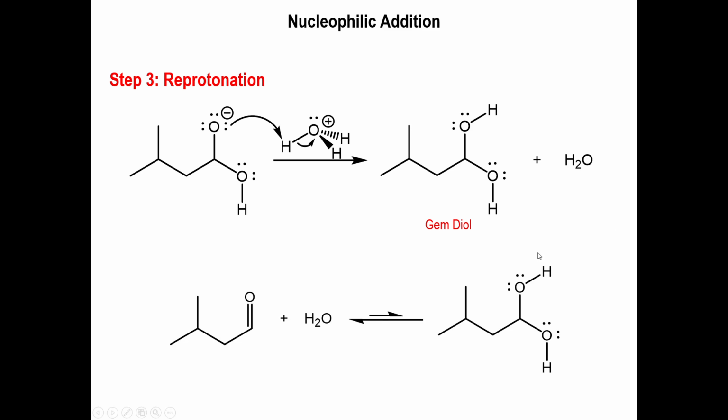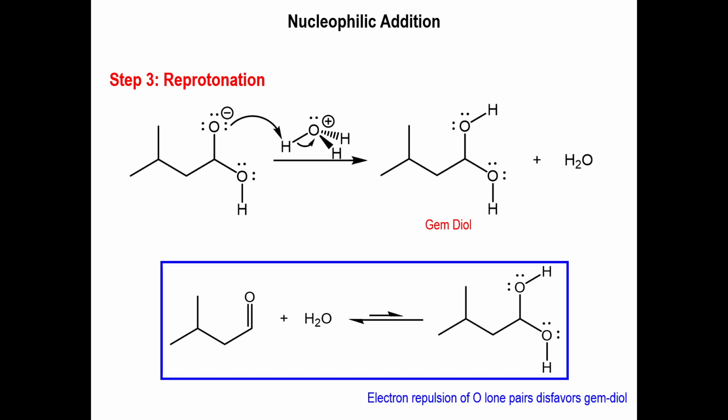Now, the other thing to also keep in mind is that this is an equilibrium. When you have a mixture of water with your aldehyde, you do form the gem diol, but this will still remain an equilibrium. So you could easily bring it back to the pure aldehyde under the right conditions. And you can use Le Chatelier's principle to favor the product as opposed to the reactants or vice versa.